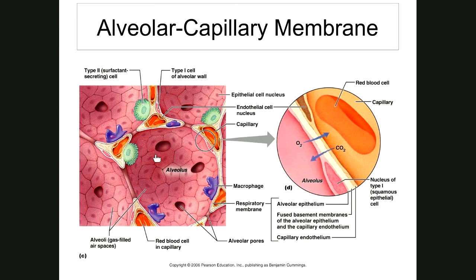Now put in here, respiratory distress of the newborn is a problem preemies have because these surfactant or septal cells are not mature enough to produce surfactant. And what happens with them is when they take their first breath, it's a labored breath, and they exhale, their alveoli completely collapse. And the next breath is like the first breath.